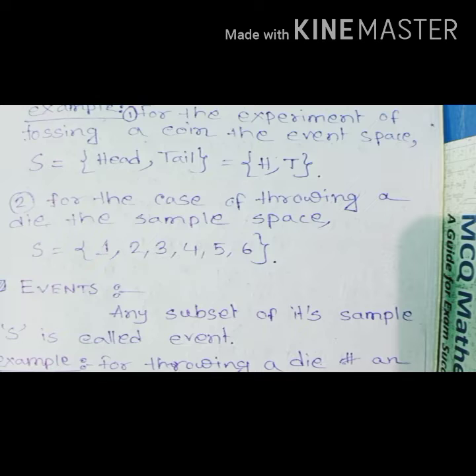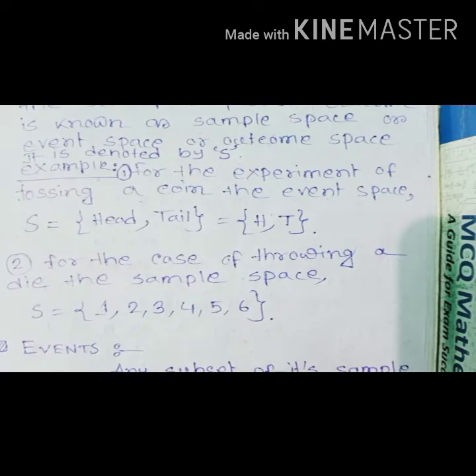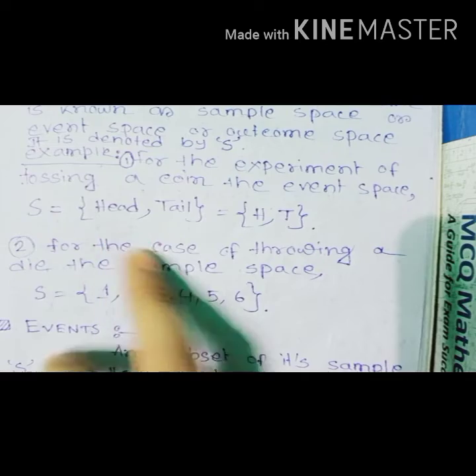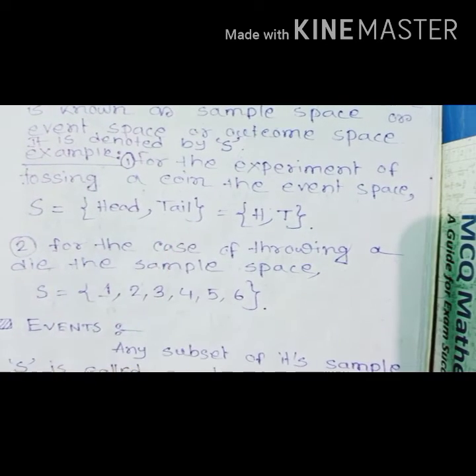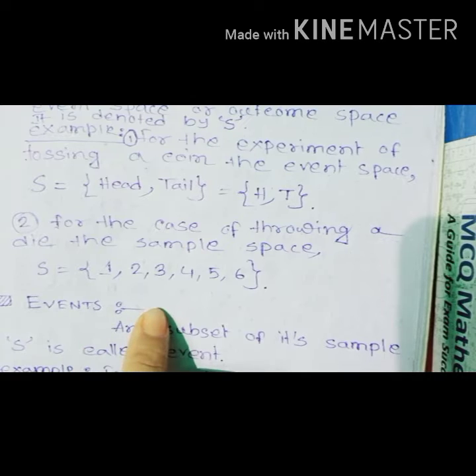As for example, while tossing a coin you are getting head or tail, then individually head and tail are events. Here we are getting two events, head and tail, and in the die's sample space S there are 6 events.